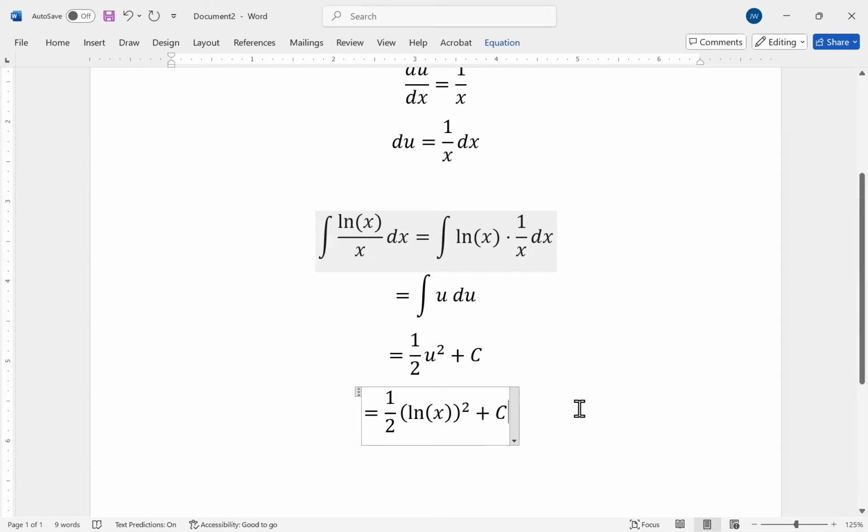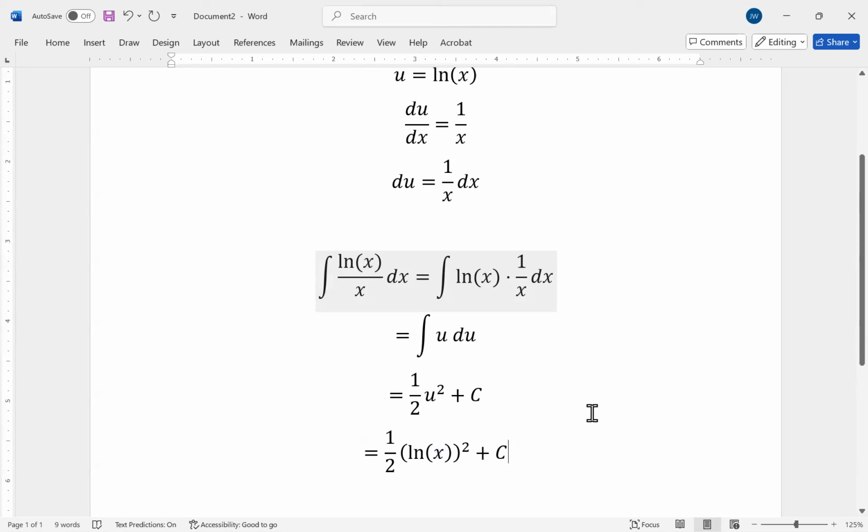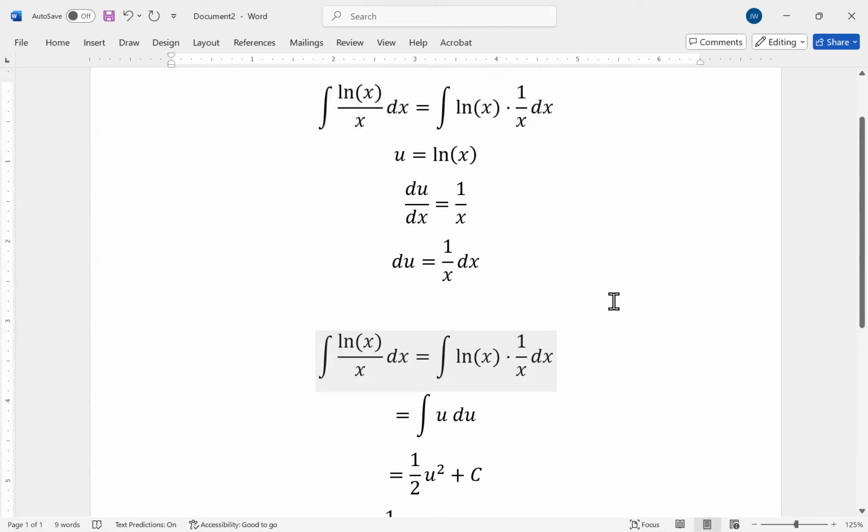Hopefully that makes sense. Natural log only works when you plug in positive values, so some people would write absolute values around the x. I typically do not do that. So in this case, setting the natural log to be my u worked out nicely.